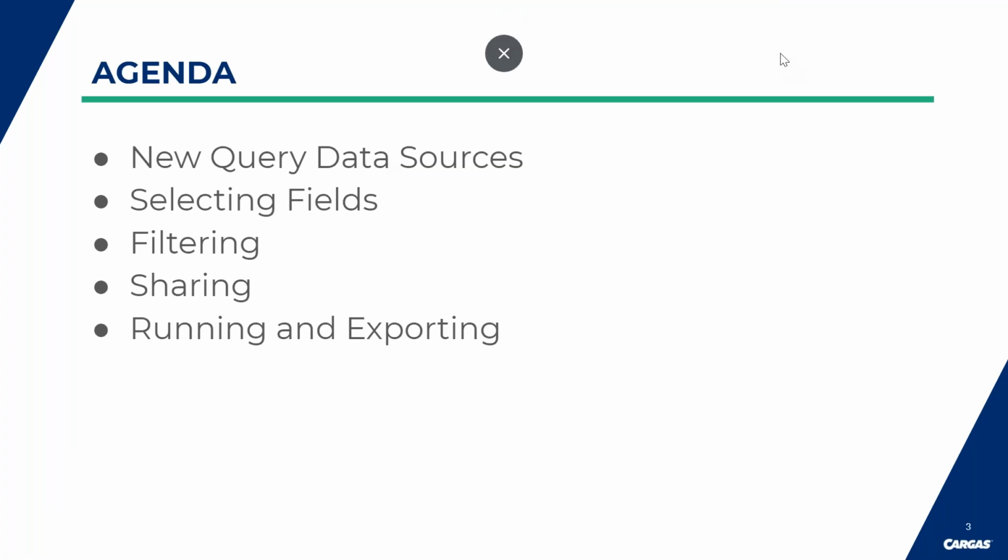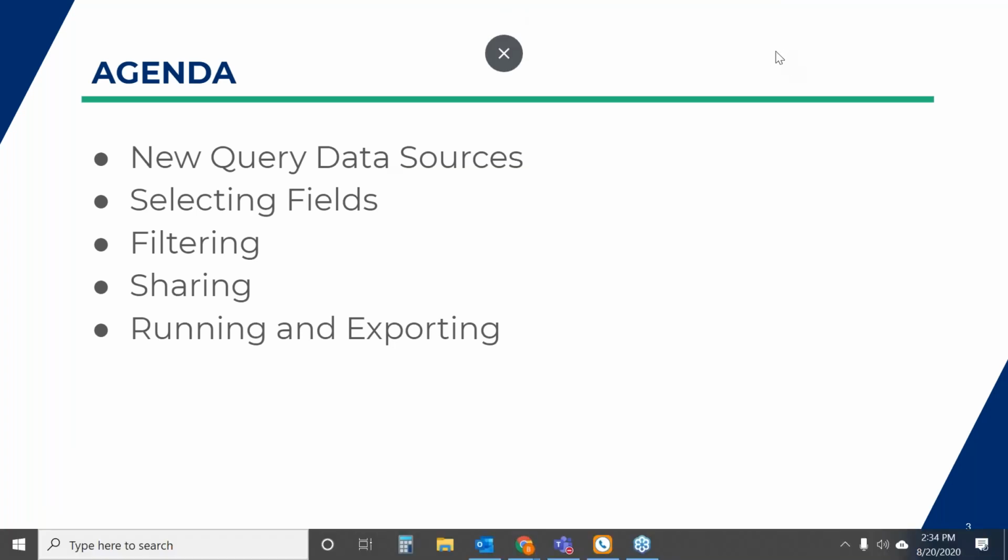My plan for today's presentation, again, talking about the basics of query, is really looking at where to find and how to operate our new query tool. So that includes looking at our data sources. Some of these data sources have changed or have new names, but there are also some more descriptions associated with them to help users identify what query you need to run for what piece of information.